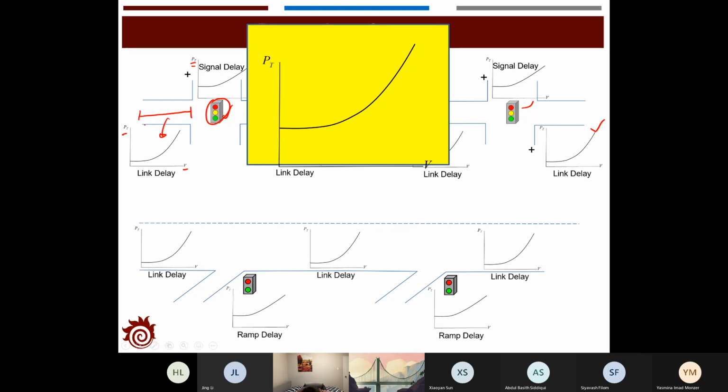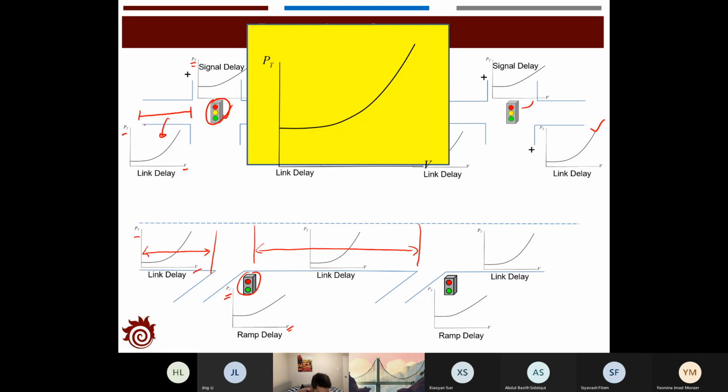For the freeways, you can find the relationship between PT and V for each straight freeway segment. On the other side, if the freeway has some on-ramp meters, which control the number of vehicles that can enter the freeway during a unit time, then you will have a relationship between the cost and the volume, which will represent the ramp metering delay.